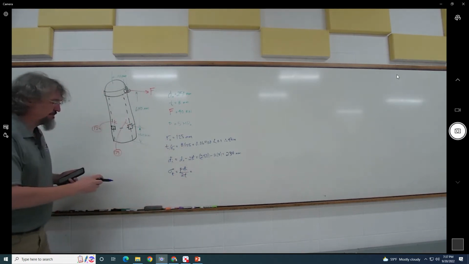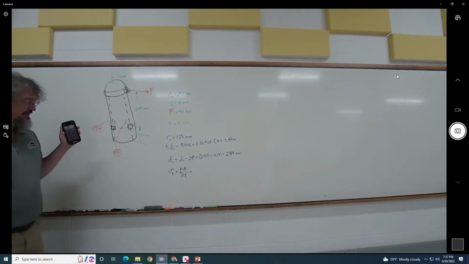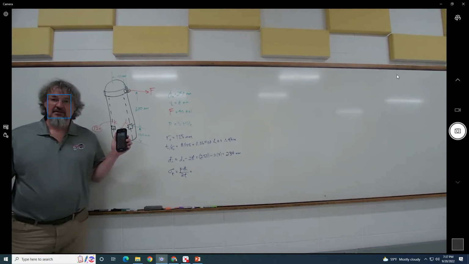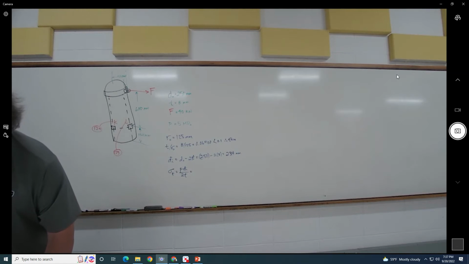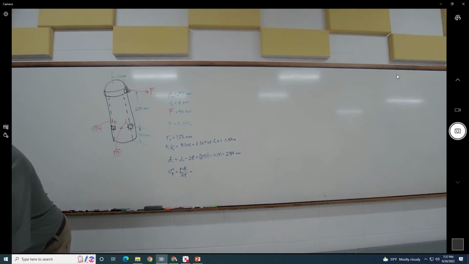Be careful not to pick the one that has di plus t in it, because that's actually, in Shigley, for the maximum, which is on the inside surface. They don't have one that is meant for the outside surface. They only have one for the average.